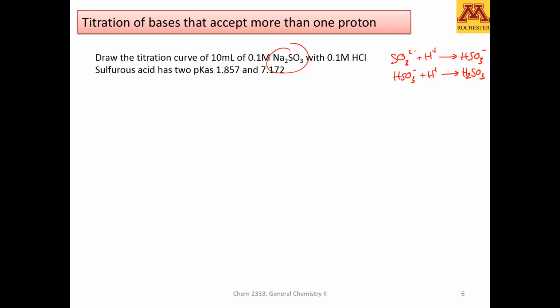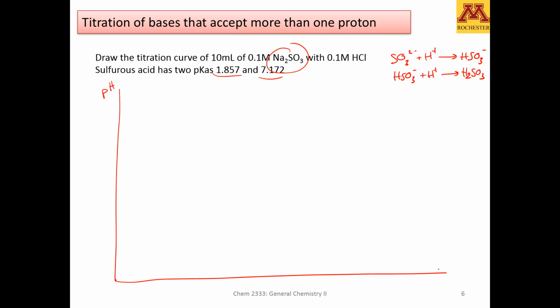Notice that I'm already giving you the pKa's, even though this is a base, because you're plotting pH. What you're going to see halfway of the buffer region is pKa's, not pKb's.